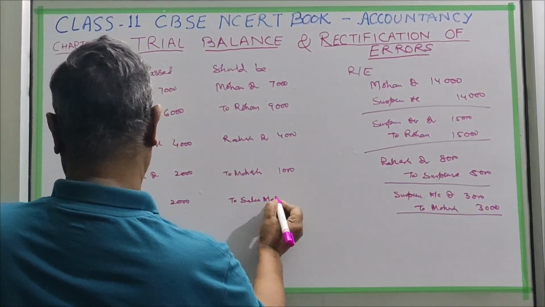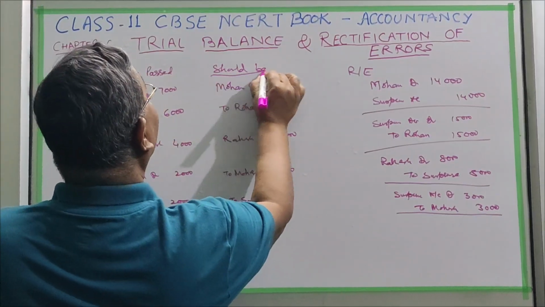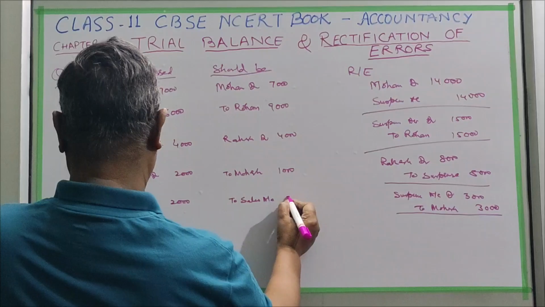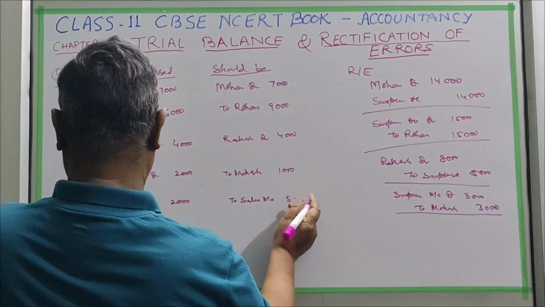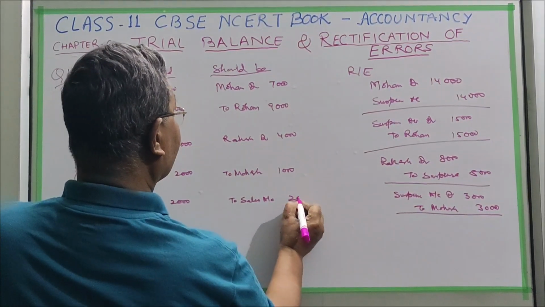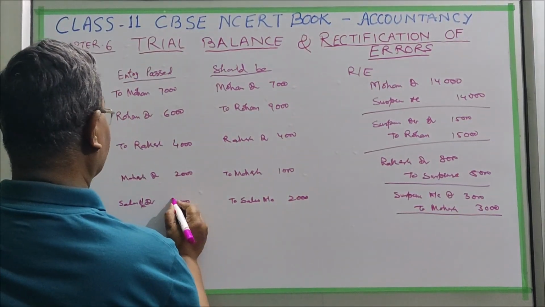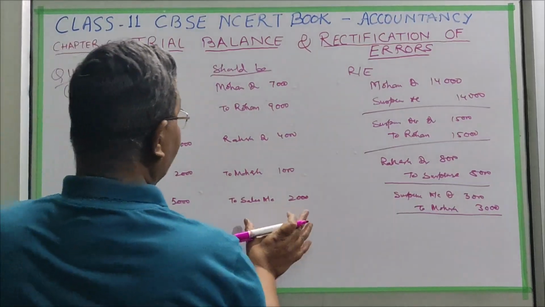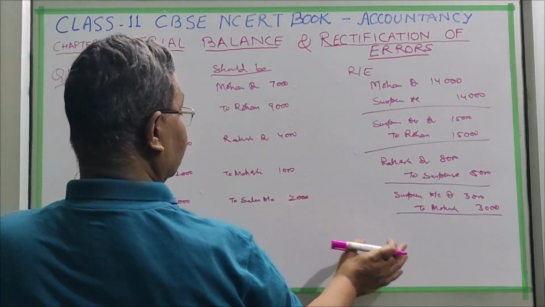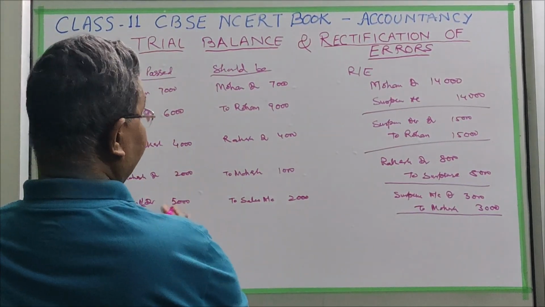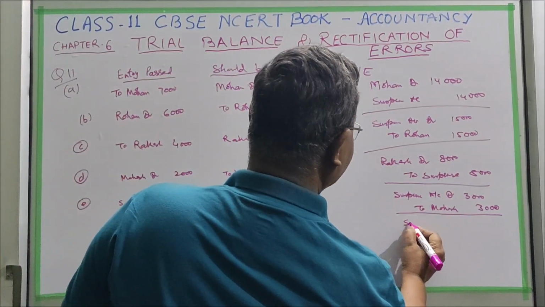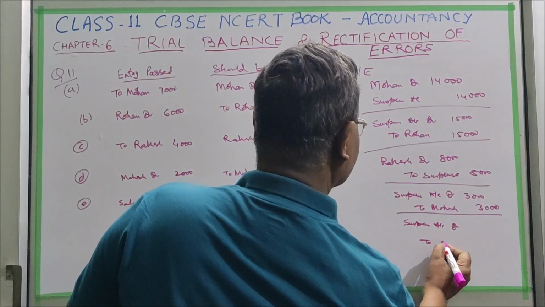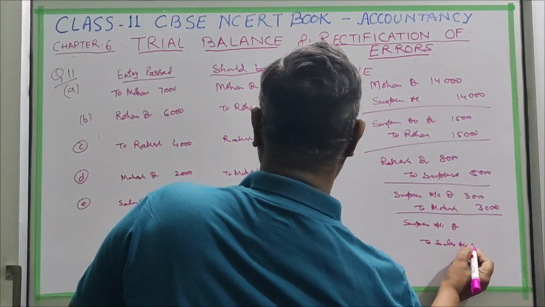But you have made it 5,000 and debited to sales account 5,000. So what should you do? Sales account 2,000 you have to credit. This wrong debit also you have to give a credit and debit suspense account. Suspense account debit to sales account 7,000.